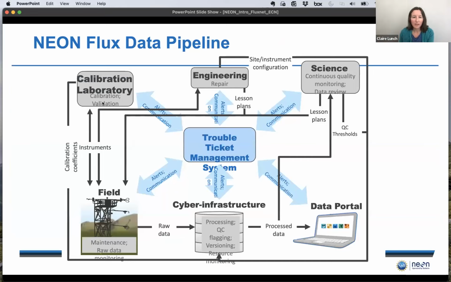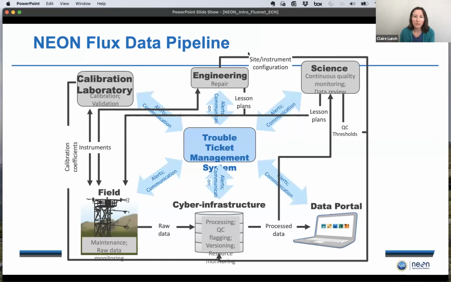Definitely, you are not expected to follow every arrow on this diagram. The idea here is just to give you an idea of sort of the constant feedback between the sensors, the infrastructure, and people monitoring these things.